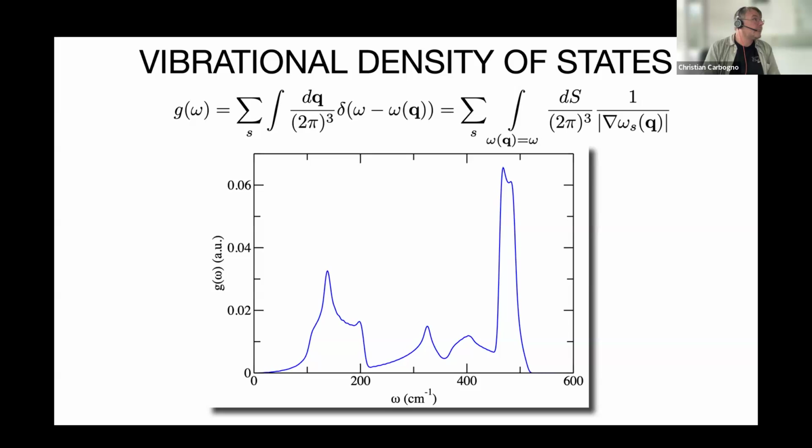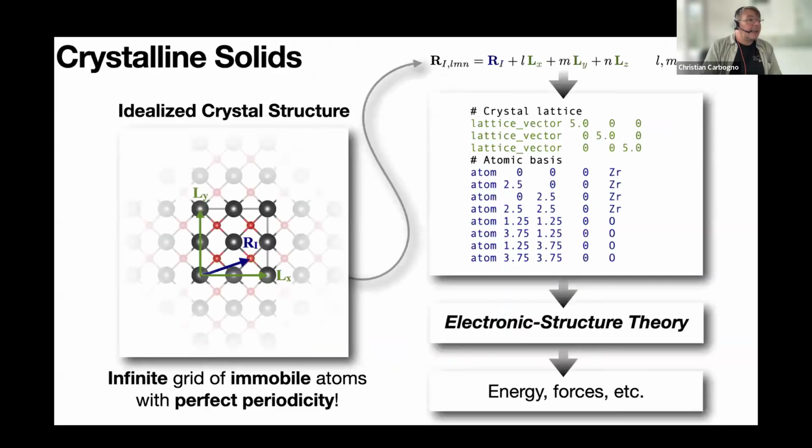Then let's go back to the very beginning. So what we actually do when you do your standard DFT calculation, you take a lattice, you give it a certain kind of position, you calculate the energy with your DFT code that you like, and you get the energy and forces.